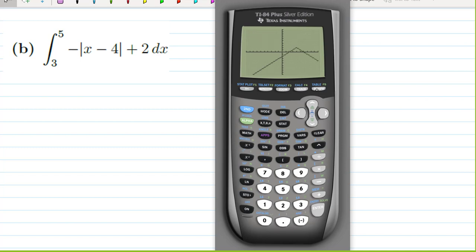So to help make this a little bit easier, I am going to change my window a little bit. So I'm going to go my window. I'm worried about the values between 3 and 5, so let's just go look at those first, and we might need to change our window again in a second.